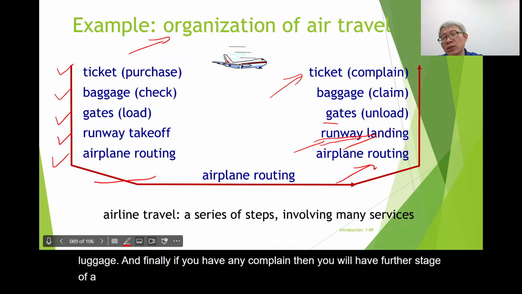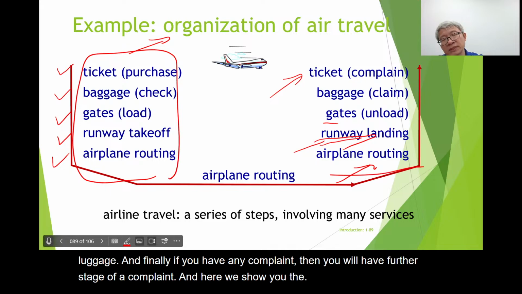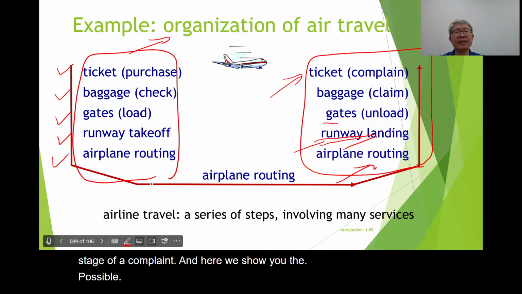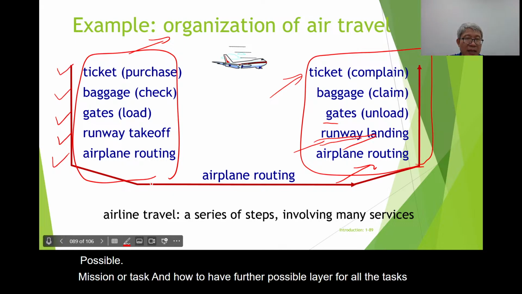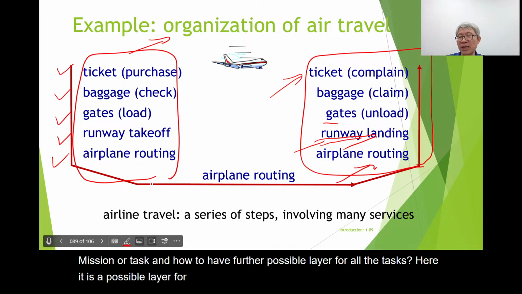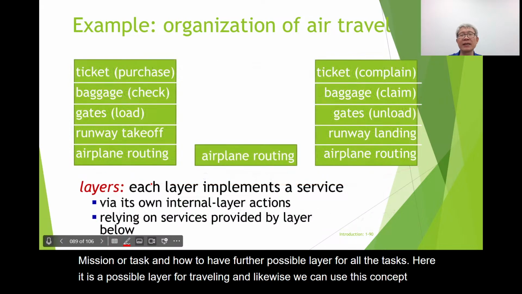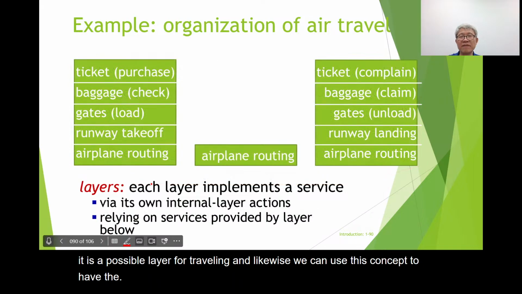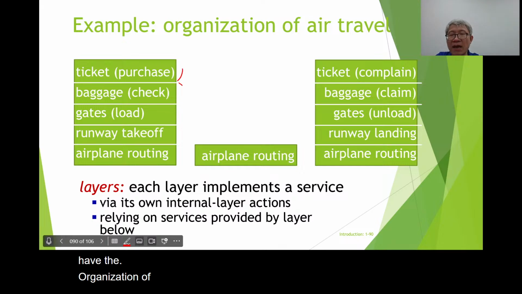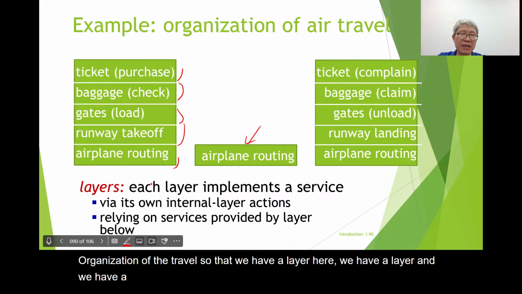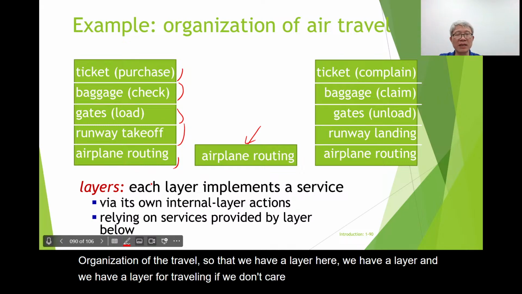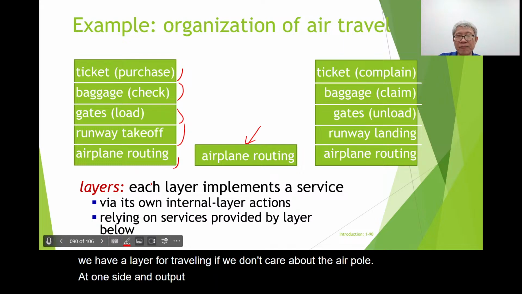And here we show you the possible mission or task and how to have the possible layer for all the tasks here. It is a possible layer for traveling. And likewise, we can use this concept to have the organization of the travel so that we have a layer. Here we have a layer. And we have a layer for traveling if we don't care about the airport at one side and the airport at the other side.